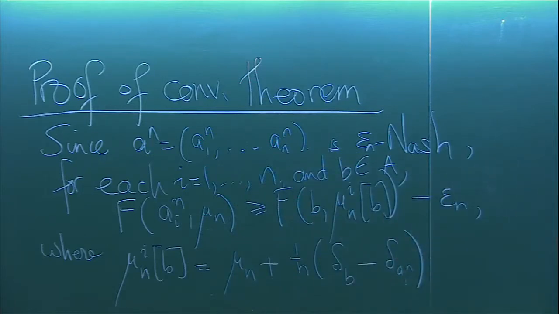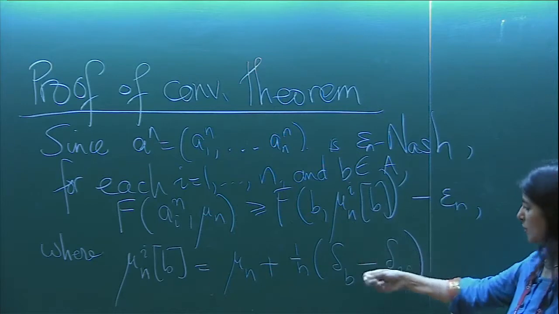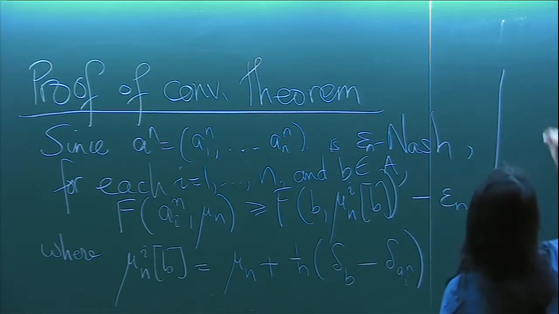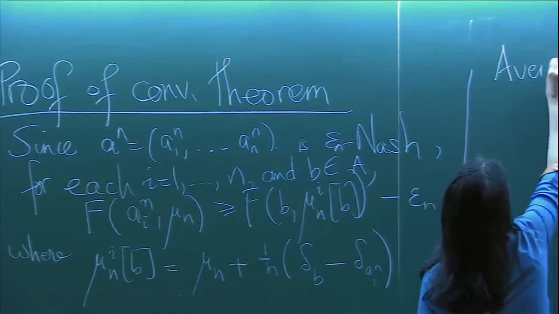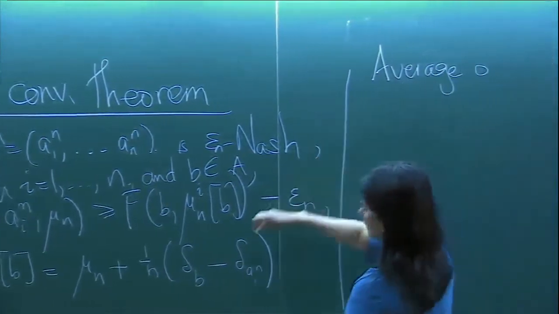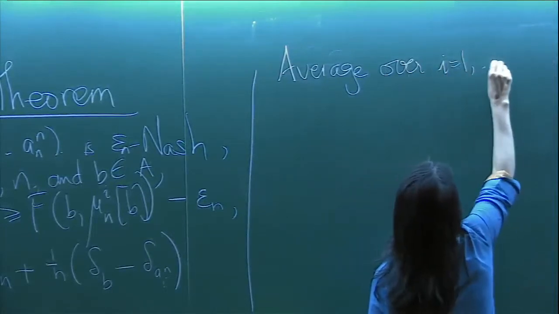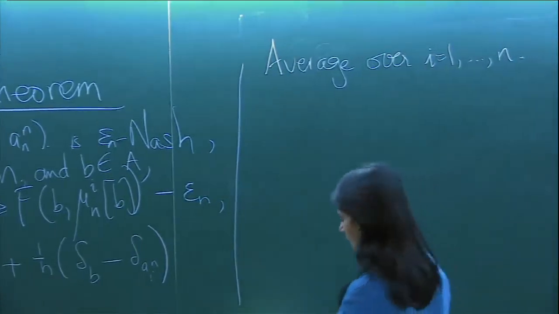Is this clear? Okay, so this is just the empirical measure, what it would be if I switch the strategy. Now I can average this inequality over i equals 1 to n. And then what do you get?